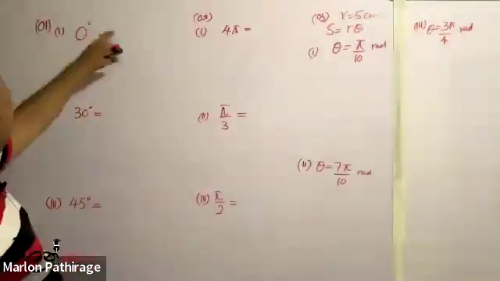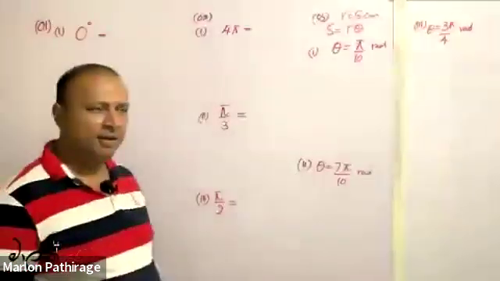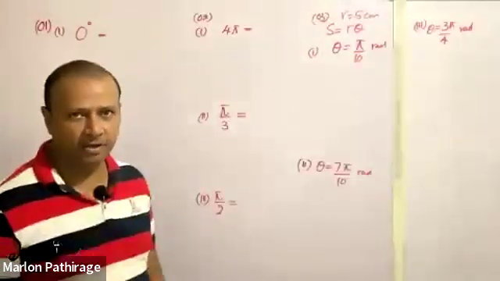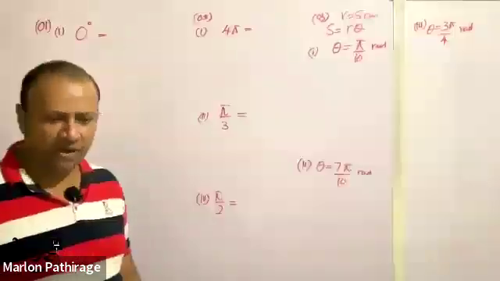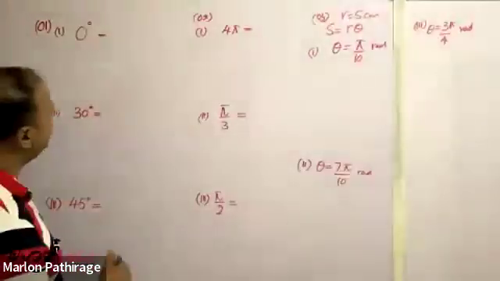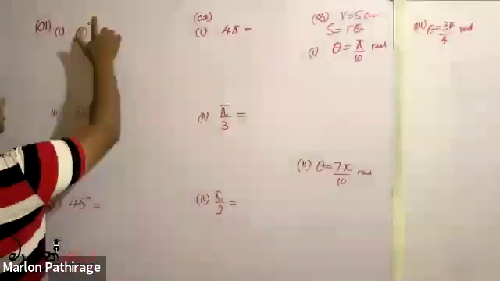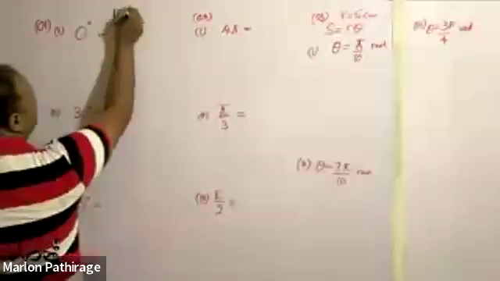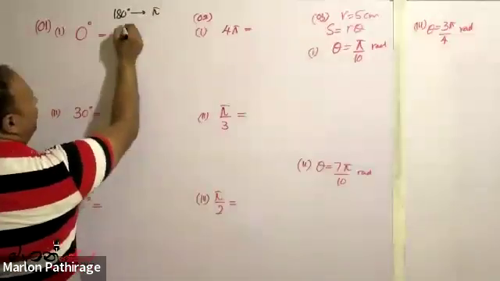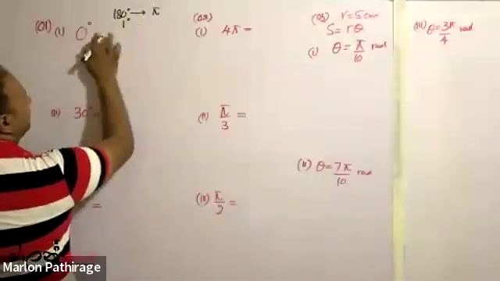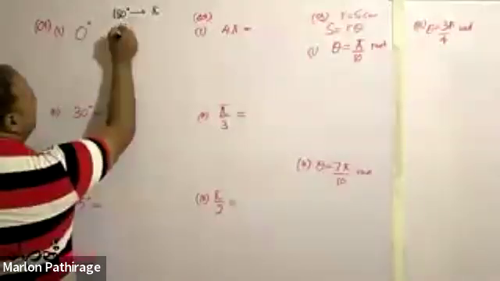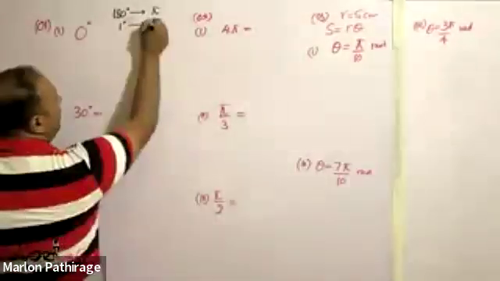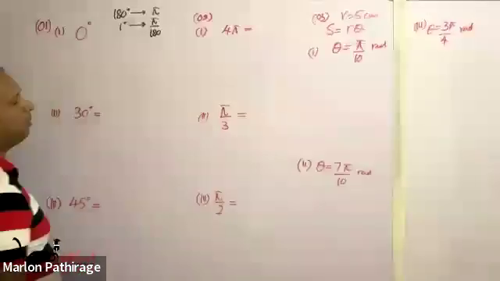Okay. Here, you know the relationship, no? 180 degrees equals pi radian. We have to use this relationship. Therefore, 1 degree is equal to pi over 180.